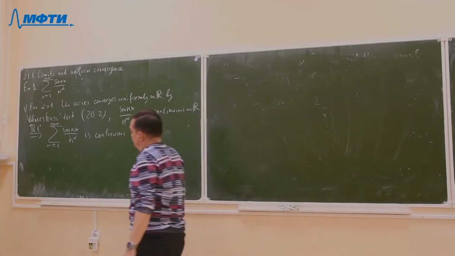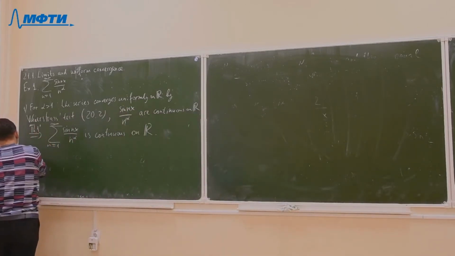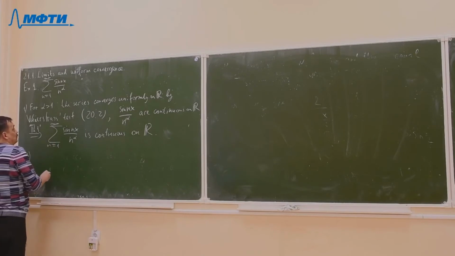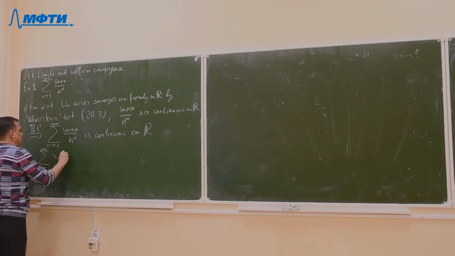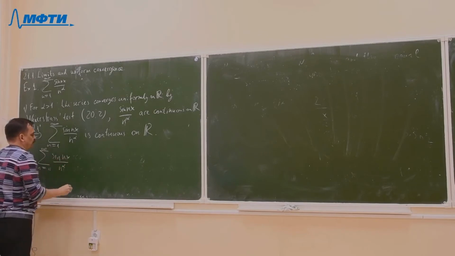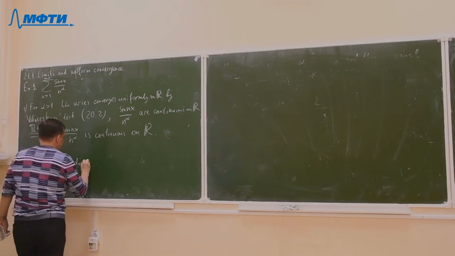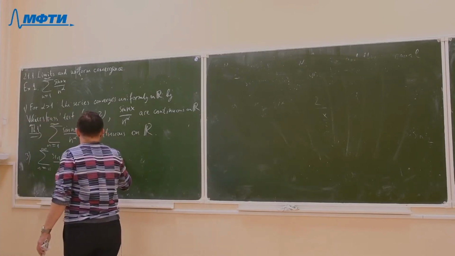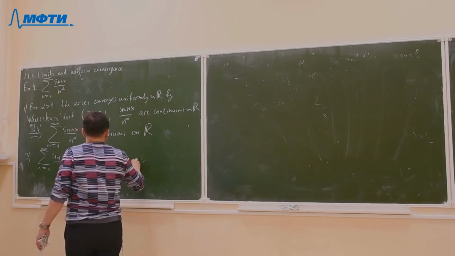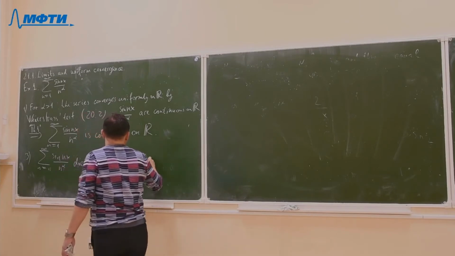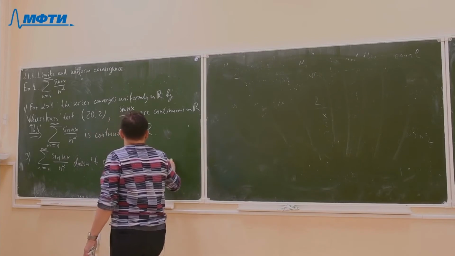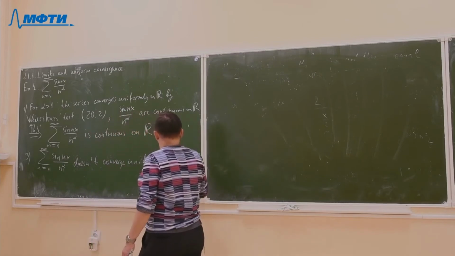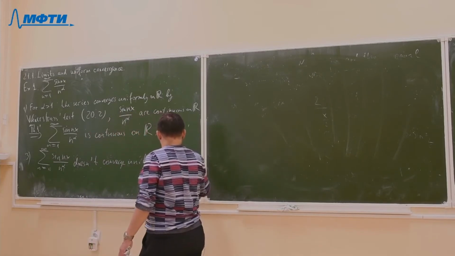So, third point, the series of sine x over n power alpha doesn't converge uniformly on, let's say, 0 to pi.